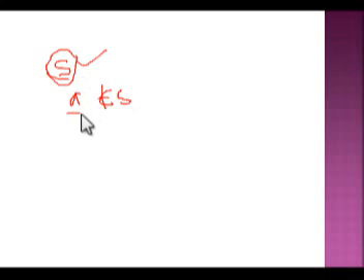A is such a limit point which does not belong to S.